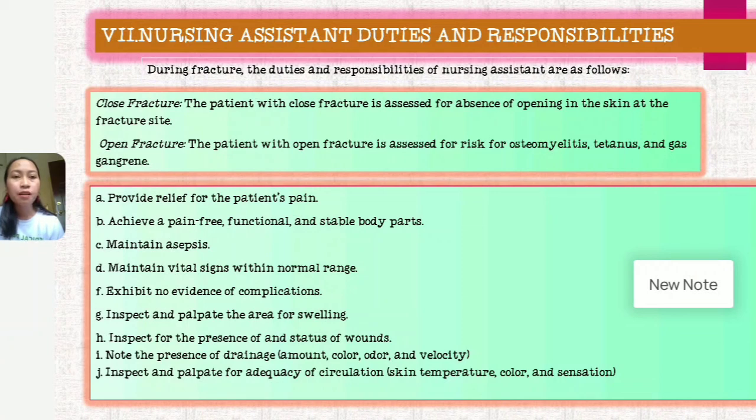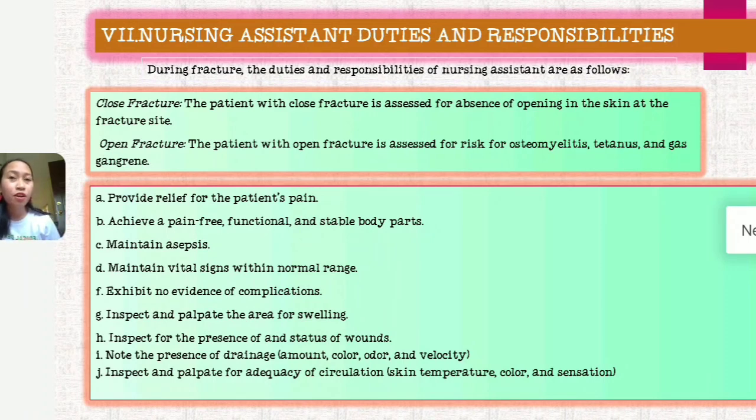Next is inspect and palpate for adequacy of circulation, for example skin temperature, color, and sensation. Through that, if ever we change the dressing for the wound, we will know if the dressing is too tight or too loose. Sometimes if we have a band-aid after we cut ourselves and it's too tight, we can see that the end of our fingertip is turning purple or sometimes blue.